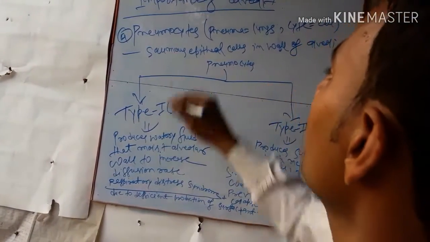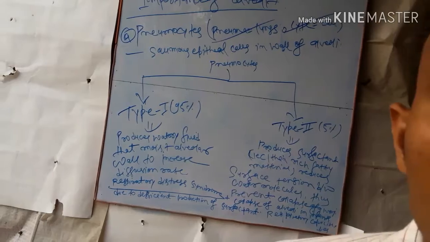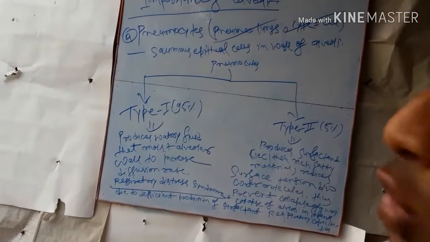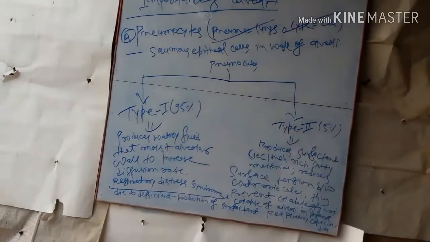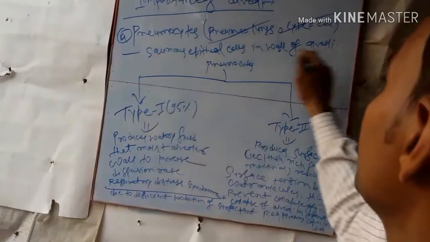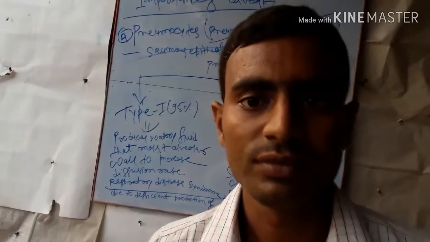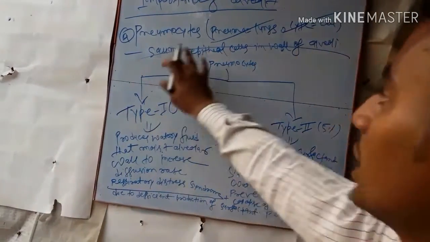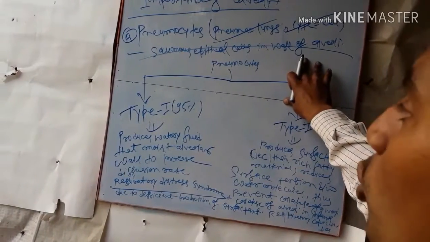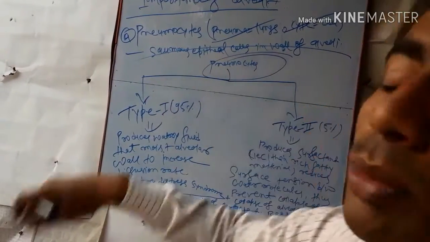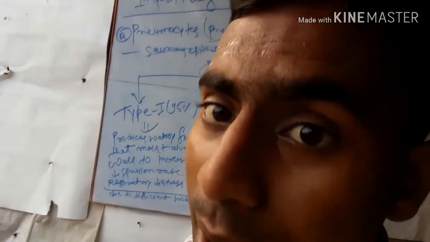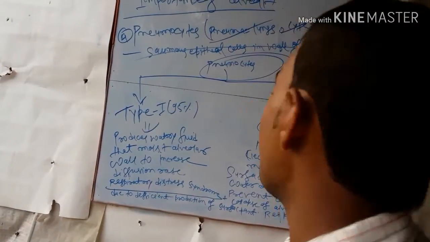Pneumocytes are squamous epithelial cells in the wall of alveoli. Pneumocytes are of two types: type 1 and type 2. Type 1 is 95%, and type 2 is 5%.